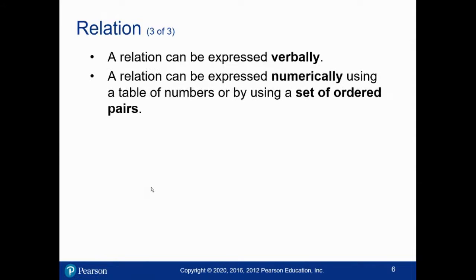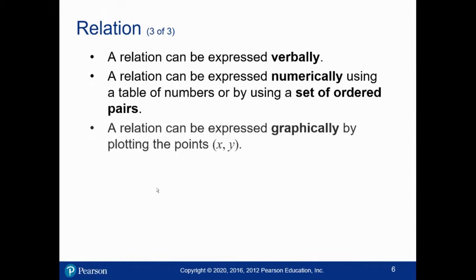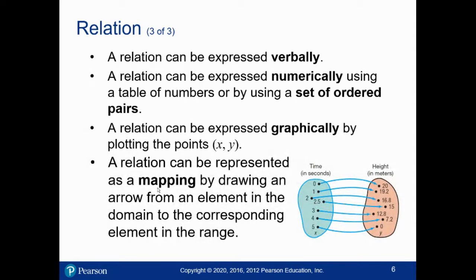So this just sort of goes through a lot that we had on the previous page. You can have a verbal expression of what a relation is. You can also have some sort of numerical relationship. You can discuss these things graphically, like in this picture over here. We have graphically drawn arrows relating things in one set to another.